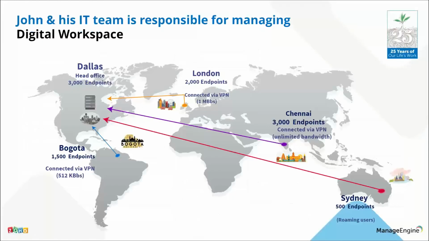So let us take a scenario. John and his IT team are responsible for managing machines before and after this pandemic that had struck us. So this is his architecture. Let us say he is managing close to 10,000 computers across the globe.